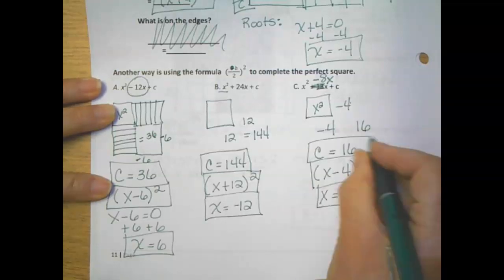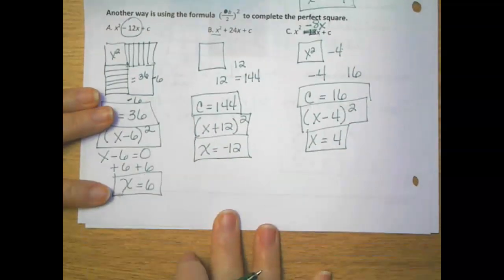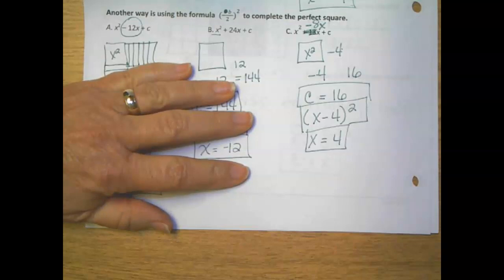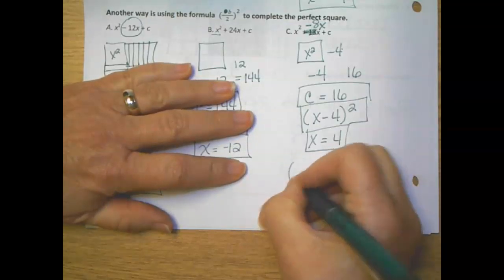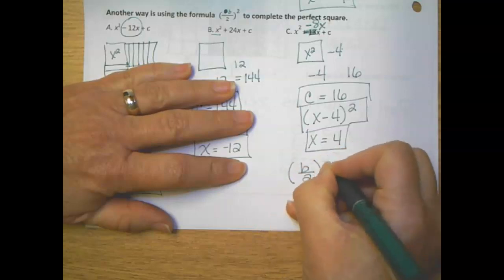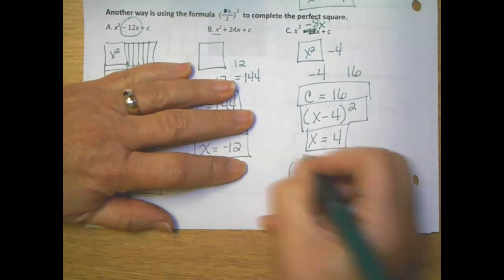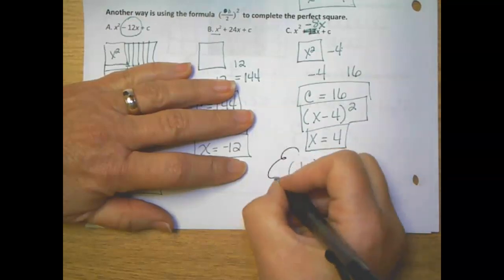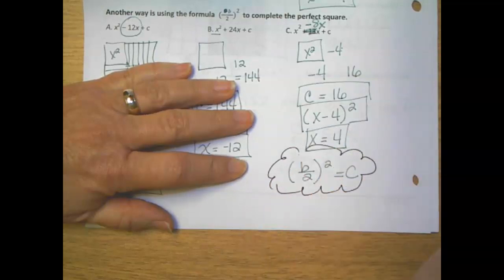All right. Now, this is what I really want you to know. So, let's do this. In parentheses, b divided by 2 squared equals c. Make sure you highlight that or whatever you want, bubble it, whatever you want to do to make sure your eye goes there.